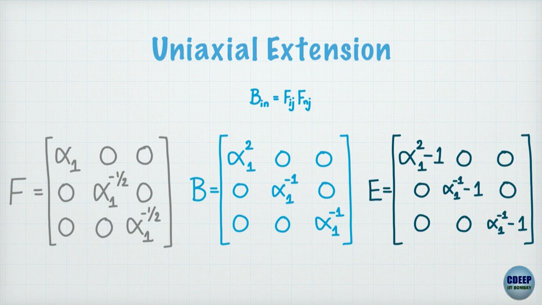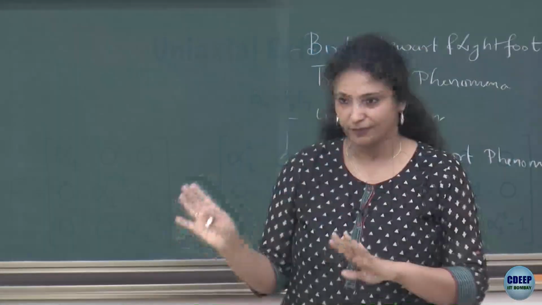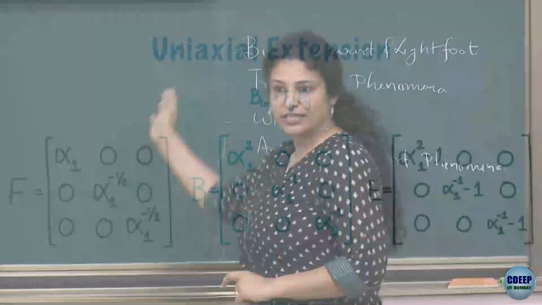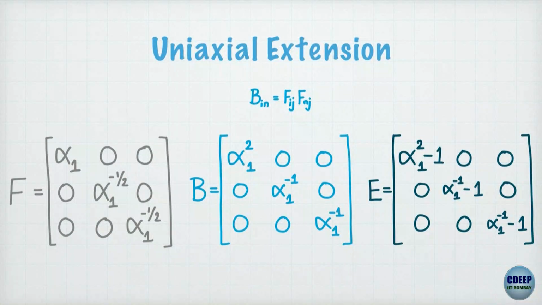It is a simple case. So that is our tensor B, and once we subtract the identity tensor from it, just like with the total stress tensor we remove the hydrostatic part, similarly here we are removing the identity tensor part and you are getting the strain tensor, which is subtracted 1 from all of the diagonal components.